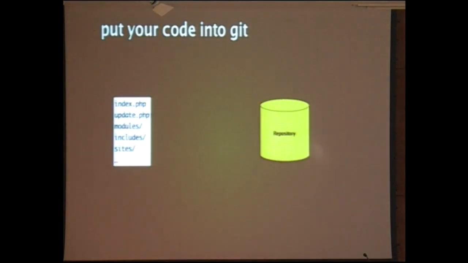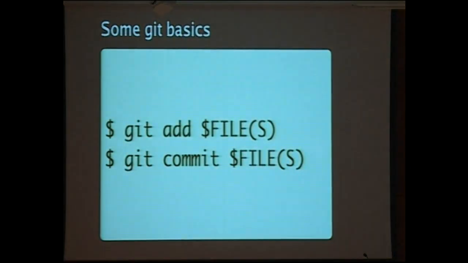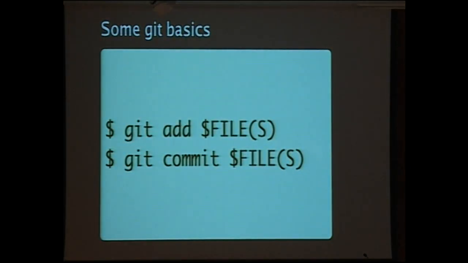You have your code on your local machine, and you put that code in a repository. That's only a little directory, .git, in your project directory. And since you're familiar with that, I can be quite quick with that. With git add, you can add files to your repository.